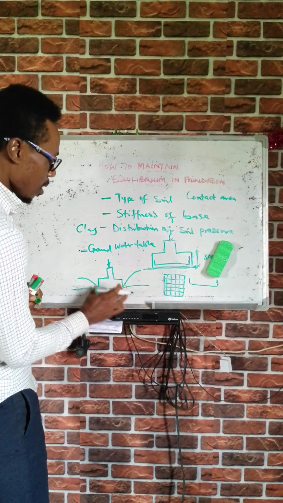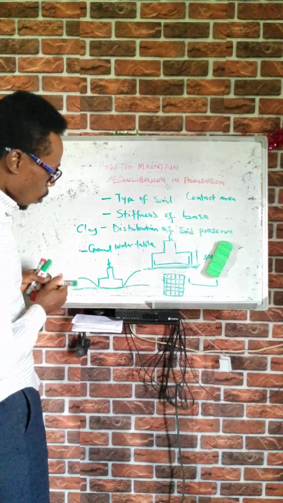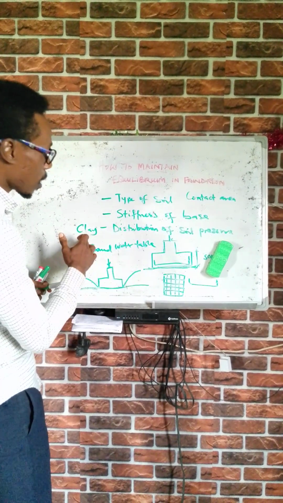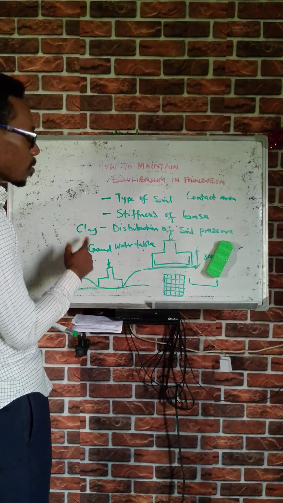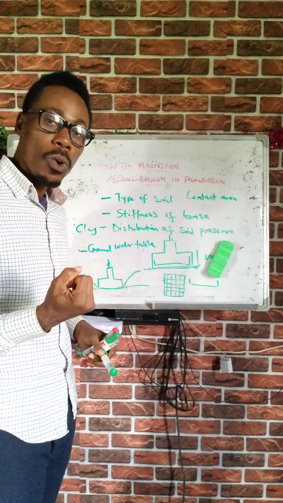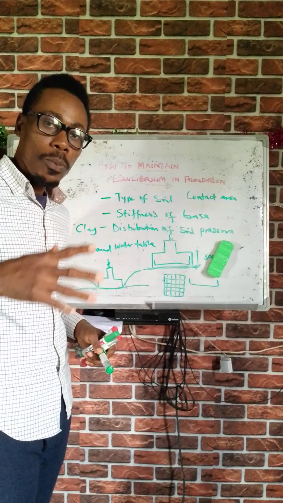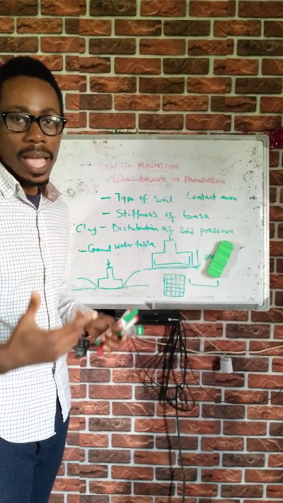This is the interface. Now, when this is loaded, due to the groundwater, if it's a clay soil, this is the reaction that will take place, because the clay soil will absorb this water, and once it absorbs this water, due to the minerals present in that clay soil, it will result in the swelling of the clay soil.